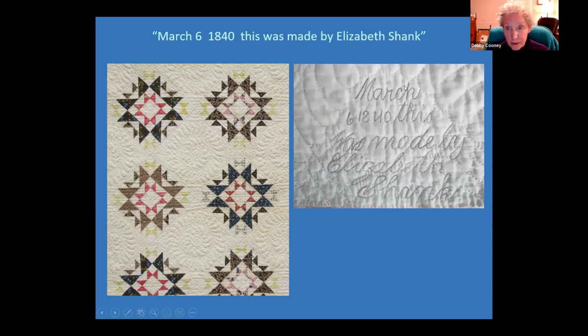Here is the signature, March 6th, 1840. This was made by Elizabeth Shank. Elizabeth does not show up among any of this man's forebears, most of whom remained in the area. So they didn't move out, they didn't travel much anywhere else. So where this came from, I'm still in the dark about.